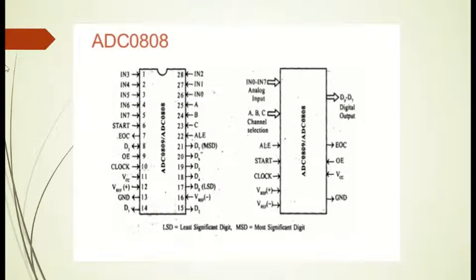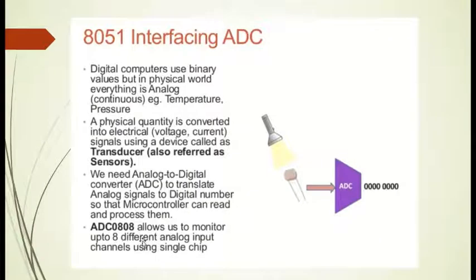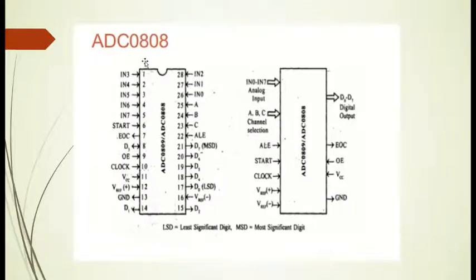As mentioned earlier, 8 different analog channels are available, and any one channel can be selected to get input. So we have 8 different channels to get 8 different inputs, and A, B, C are used to select the channel among these 8.